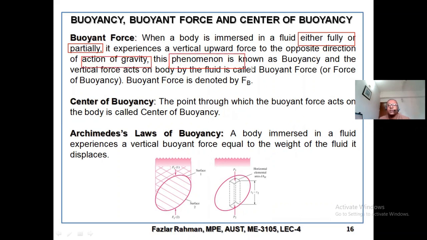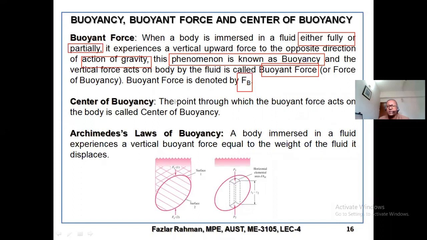This phenomenon is known as buoyancy, and the vertical force acting on the body by the fluid is called buoyant force. Okay, so over here, two definitions: what is buoyancy and what is buoyant force. And buoyant force always works upward. In this lecture we can denote it by FB.